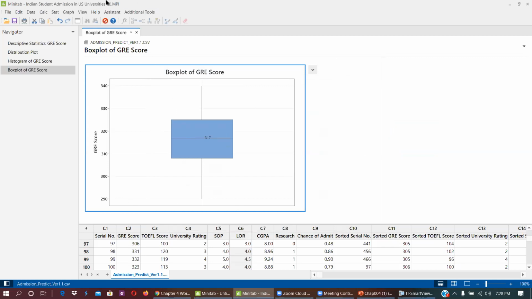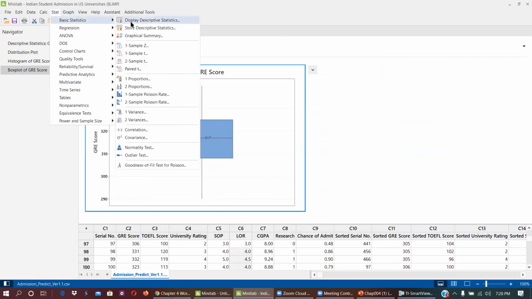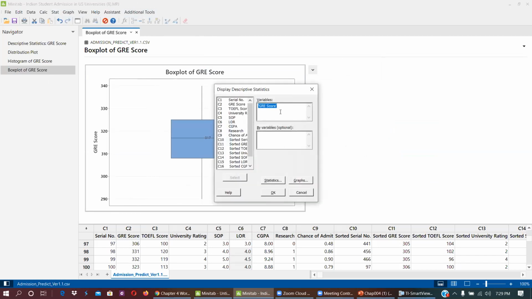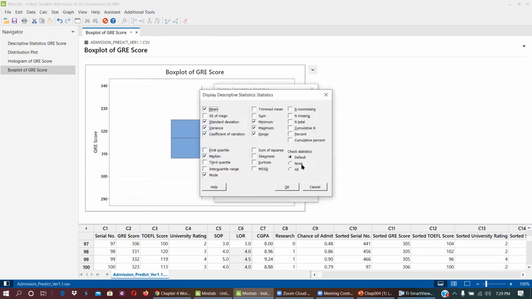Now look into the same statistics, basic statistics, display descriptive statistics. I'm going on GRE and I'm clearing all of them. What is important for me is the median right here, third quartile, first quartile, interquartile range, and what else we learned?